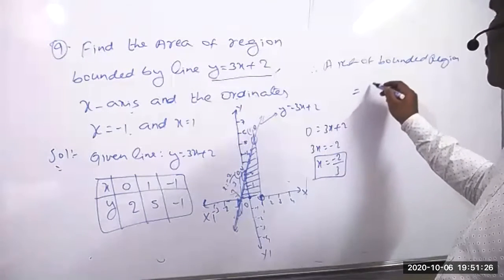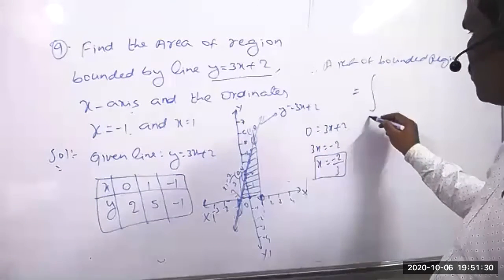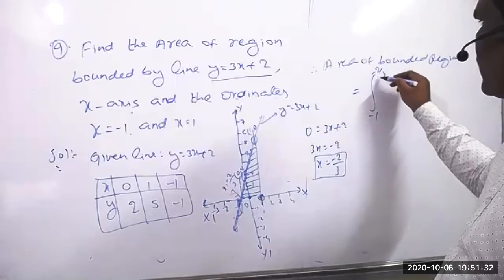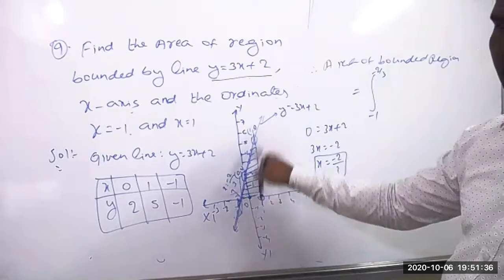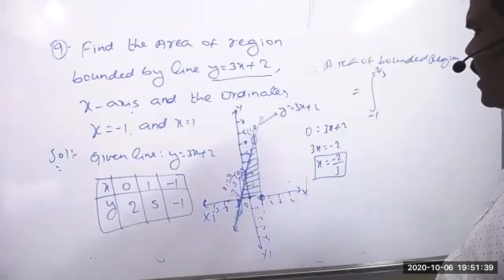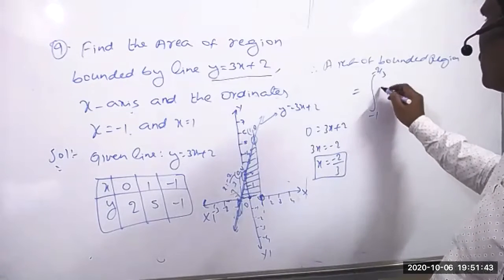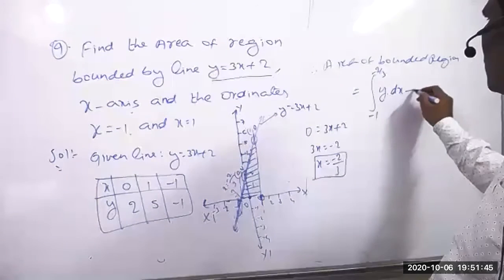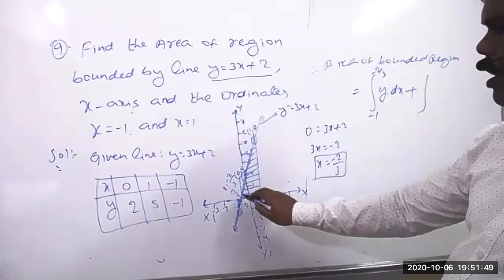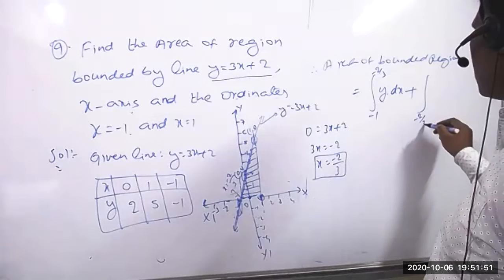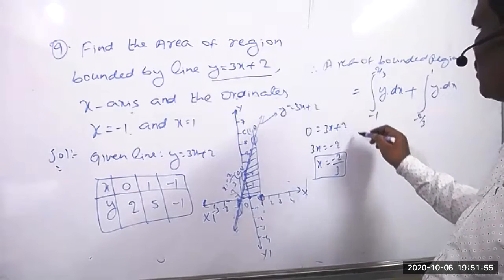the integration of, first take the limits, -1 to -2 by 3, because x equals -1 to the intersection point of the x-axis and the line, which is -2 by 3, y into dx, plus the integration from -2 by 3 to 1, y into dx.